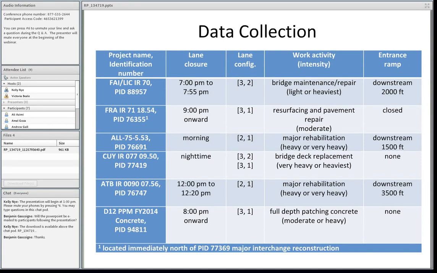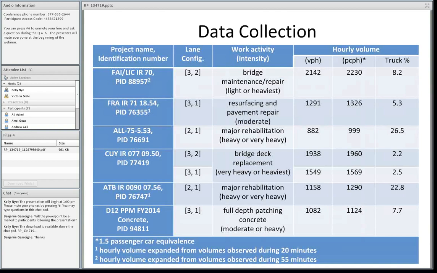We were there for 1 night, and we saw them close from 3 lanes down to 2 and then down to 1. And that's actually an interesting site to take a quick little look at as well. Within those work zones, we also looked at work activity, and we captured those volumes and the truck percentages. So that's just some summary information to see what was happening.